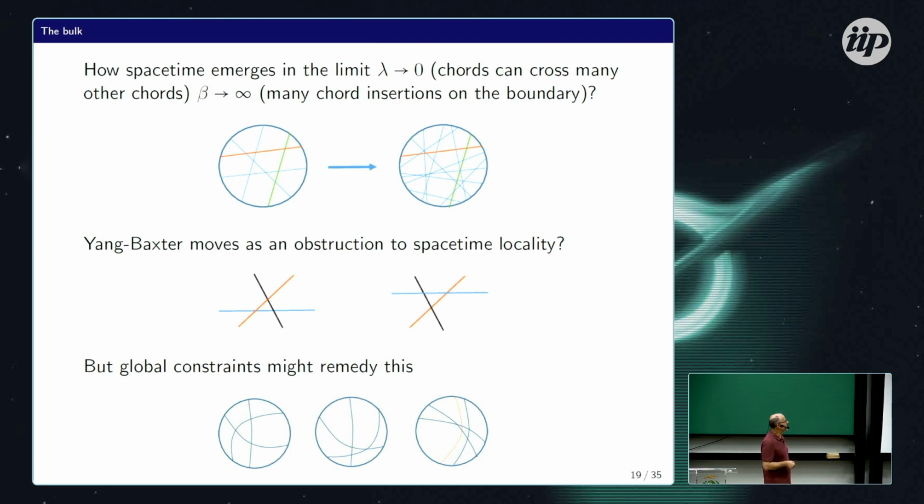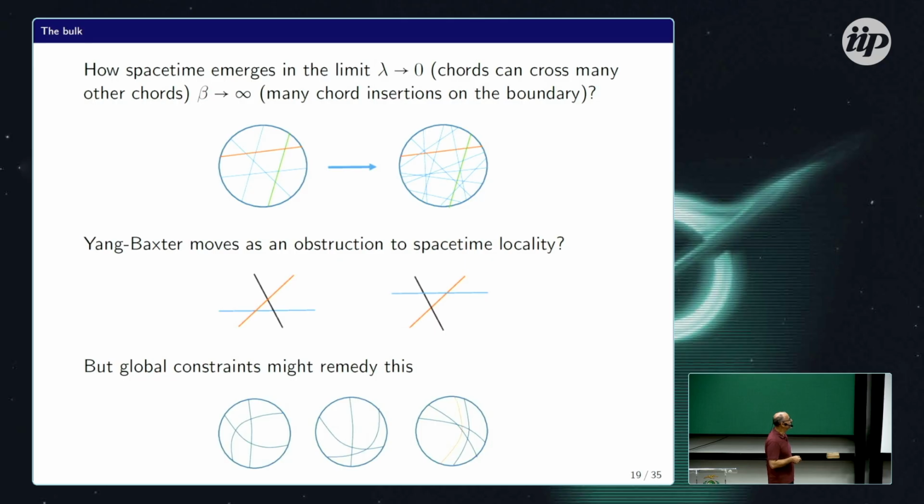If you have a diagram that has many chords in it, you can show that the amount of ambiguity relative to the amount of chords that you overall have and their various arrangement goes to zero. So in some sense, there are some global constraints coming from the fact that you can't intersect twice that tell you that this kind of ambiguity is not as bad.